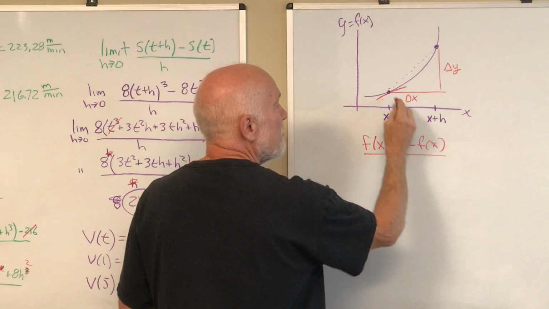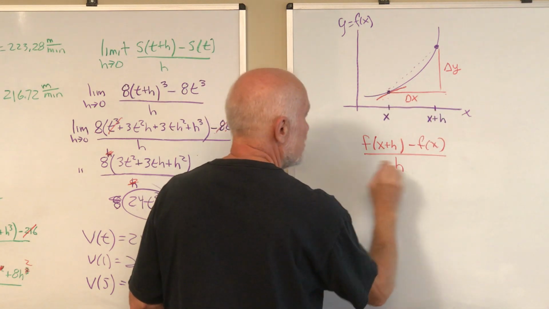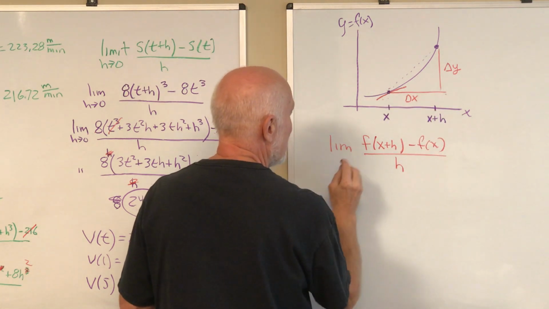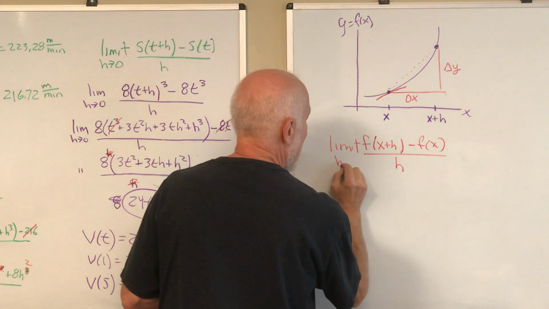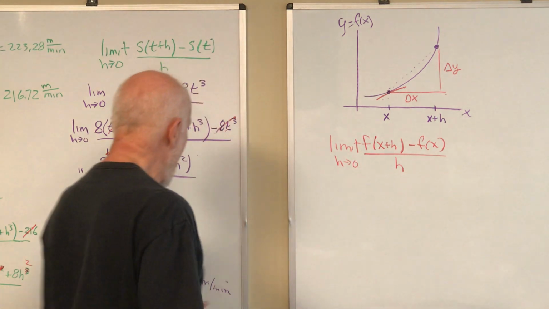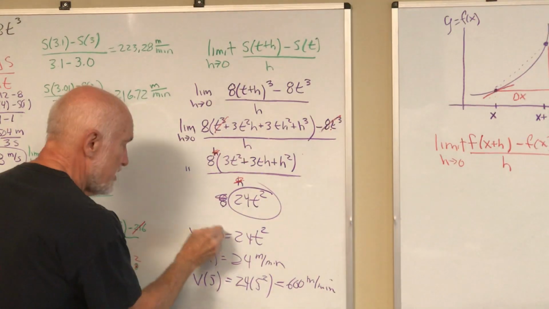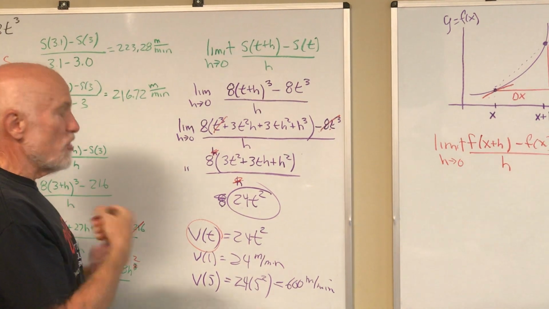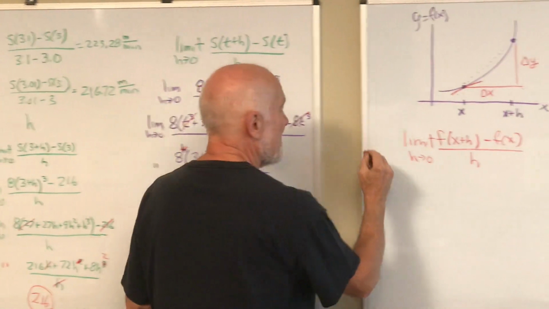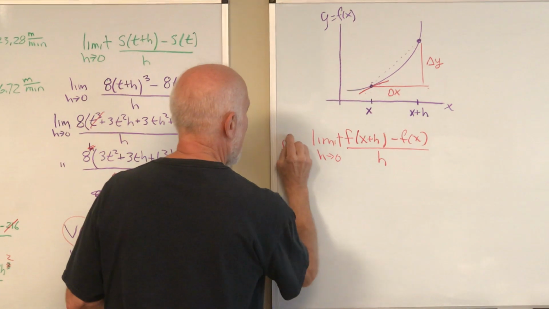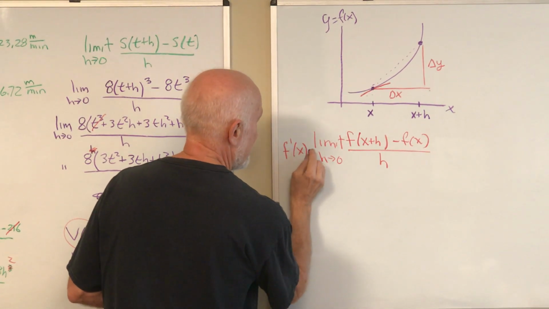And from here to here, the change in x is h. And we're going to take the limit as h approaches 0. And we know that we're going to come up with a new function in terms of x. So we decided to call it f prime of x.